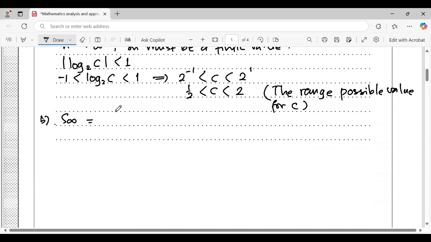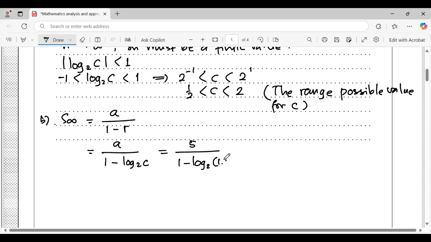S infinity is a over 1 minus r. A is 5, r is log 2 C, so it becomes 5 over 1 minus log 2 1.5, because C is 1.5.